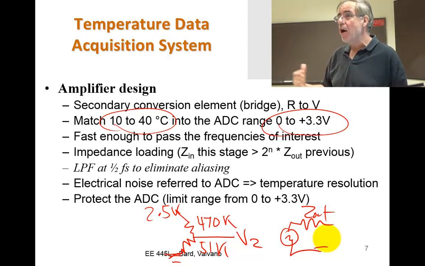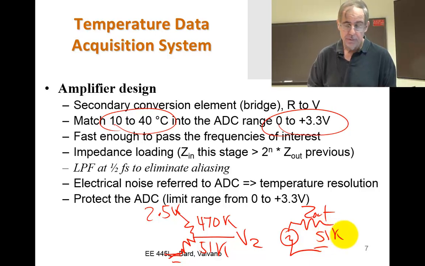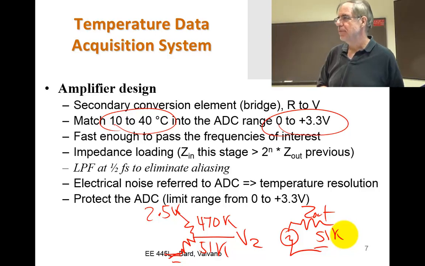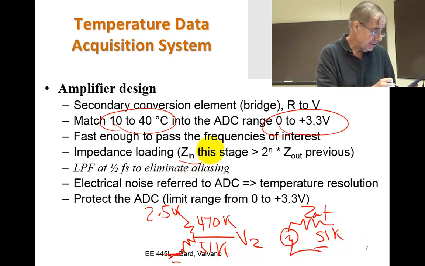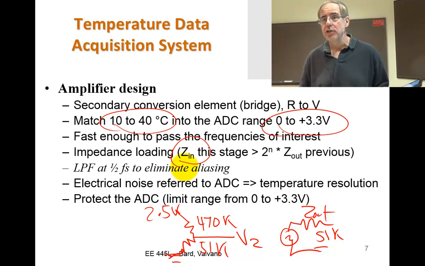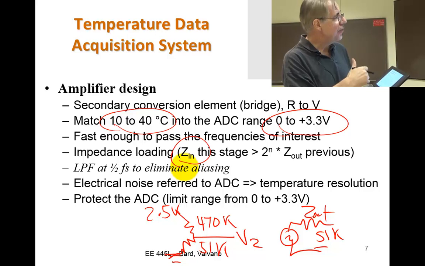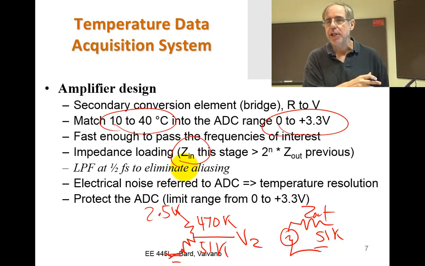Unfortunately, it's going to have an output impedance of 51K, or less, actually, or more. It's not going to be very good, but luckily for us, we have an input impedance of the instrumentation amp, which is huge compared to 51K. So this was an essential reason to use the instrumentation amp.